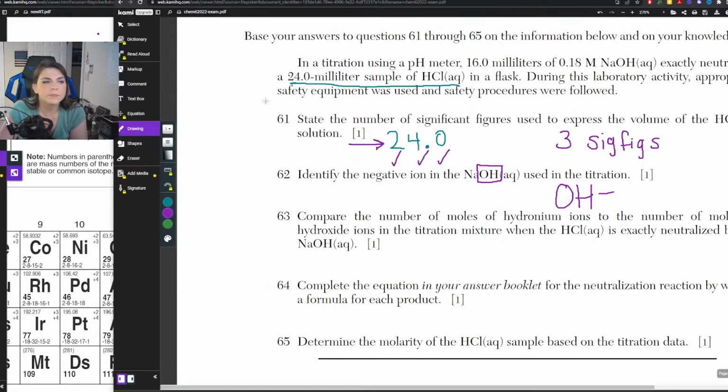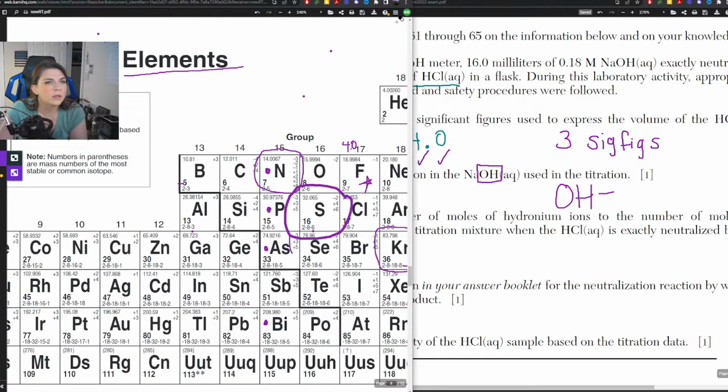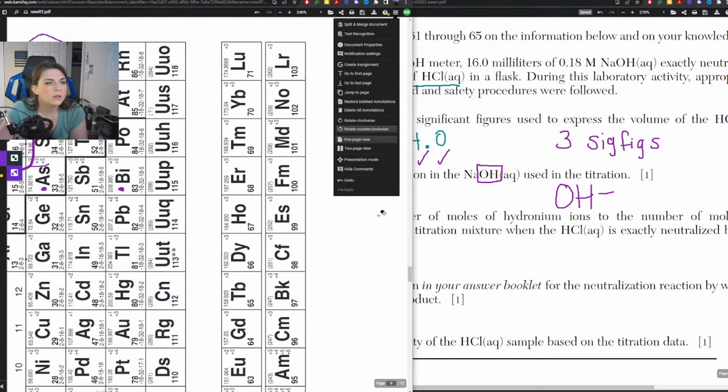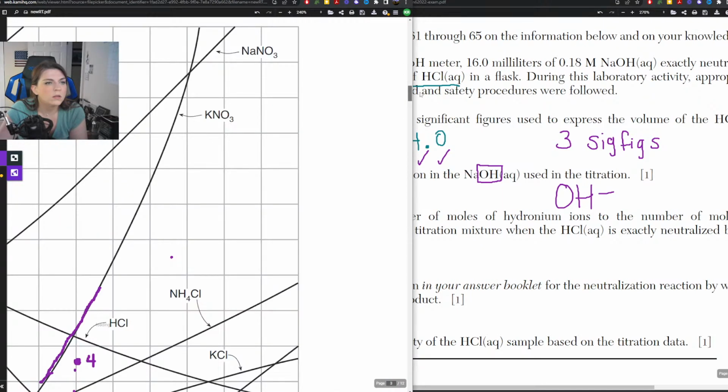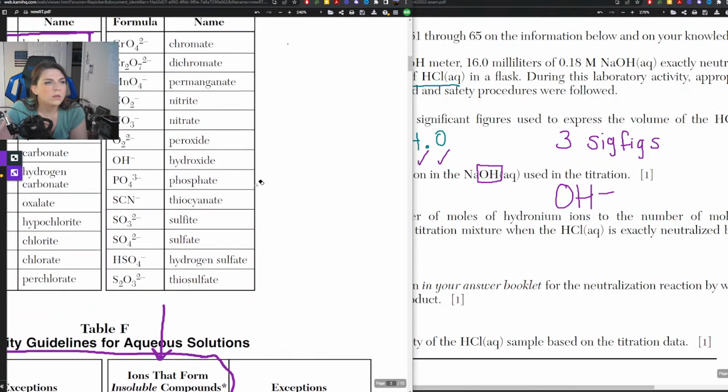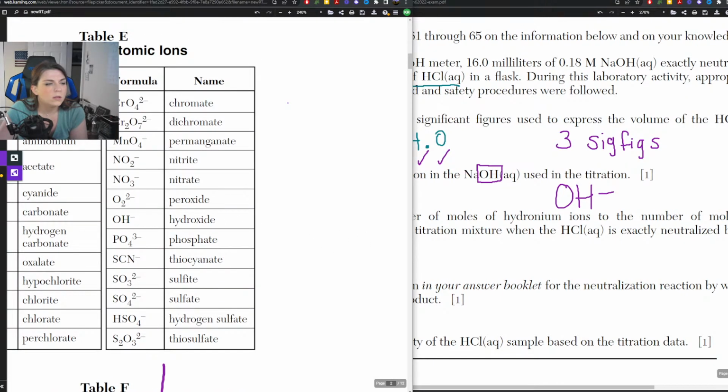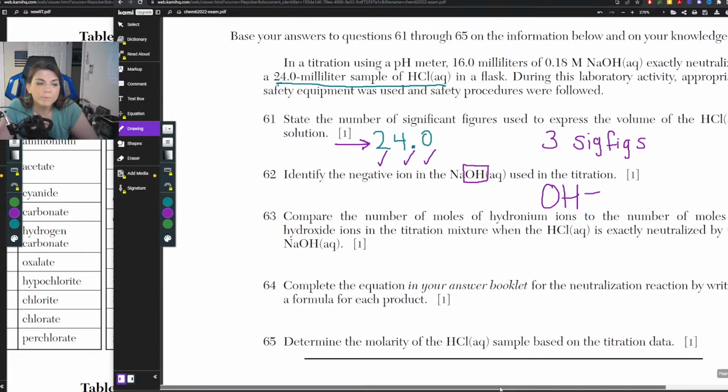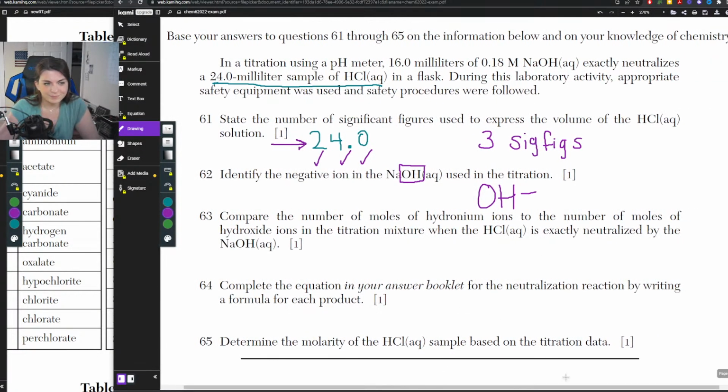I'm going to show it to you on table E. It is right here, hydroxide. And that's the ion. It's OH with a minus. Even though they don't write the 1, it's really -1, not just minus. Chemists are lazy. They don't write it because they say minus and -1 are the same thing. Because they're annoying. Says the chemist.